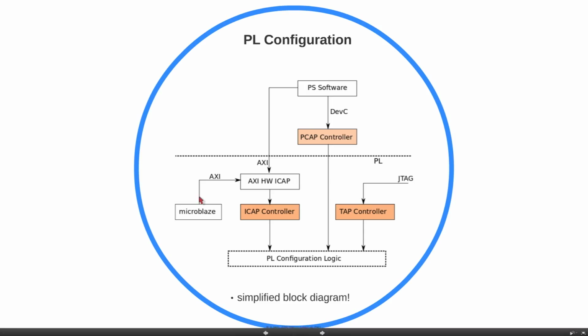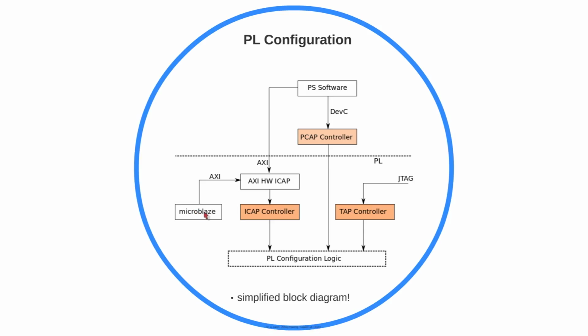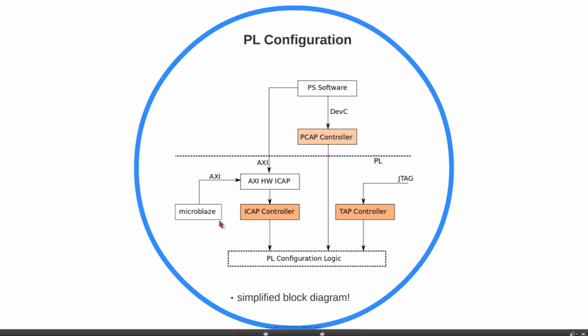So imagine that you have your ARM host and you have a MicroBlaze running on the PL, and the MicroBlaze needs to reconfigure a part of the PL to implement a specialized acceleration function. Then the MicroBlaze can use an AXI HWICAP to reach its goal.